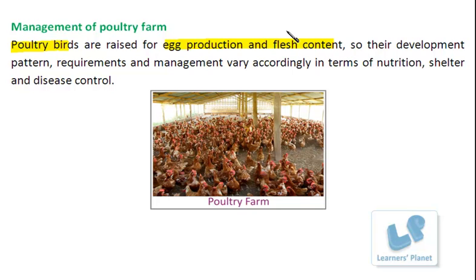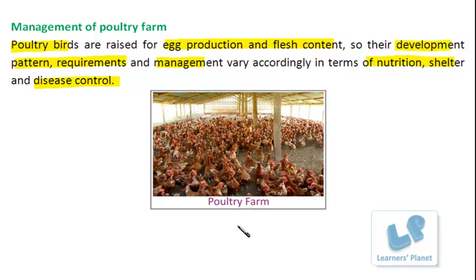Depending upon the purpose for which the poultry birds are raised, the management practices are going to vary. As we have discussed earlier, the egg layers and the broilers have different development patterns. They have different requirements, and thus the management also varies accordingly in terms of nutrition, shelter, and disease control.